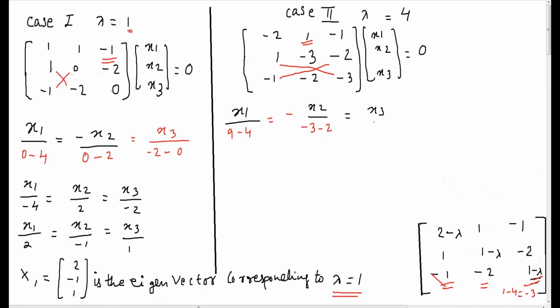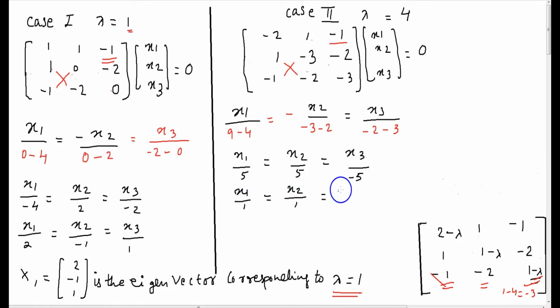Here minor of a13 is 1 minus 3 minus 1 minus 2, and cross multiplying we get minus 2 minus 3. That is equal to x1 by 5, x2 by 5, x3 by minus 5.